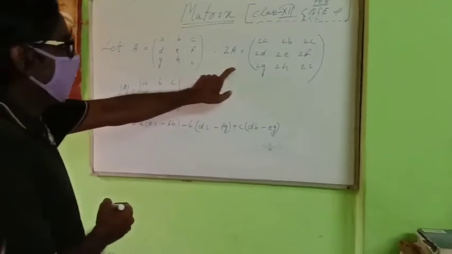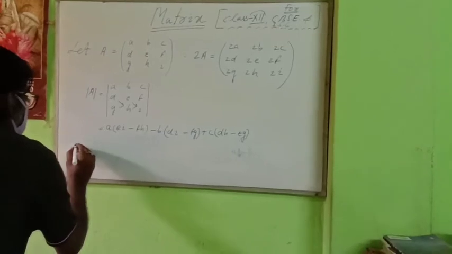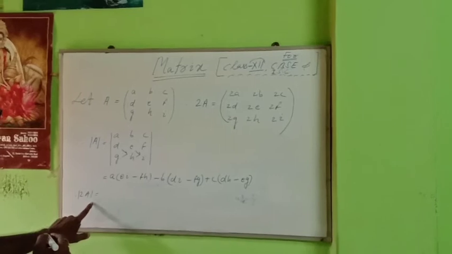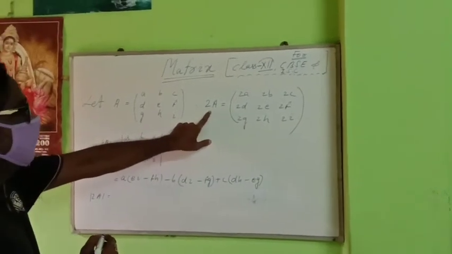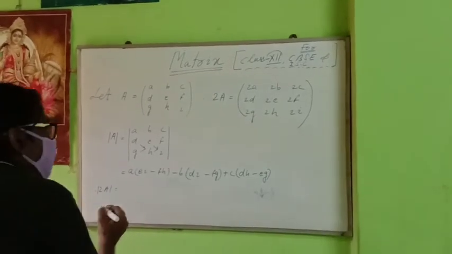Same process you have to follow to find out 2A determinant. Just to see how much you are getting for 2A determinant. Then you find 2A. This is the 2A matrix. We have to find out the determinant value of 2A. How much will it be?